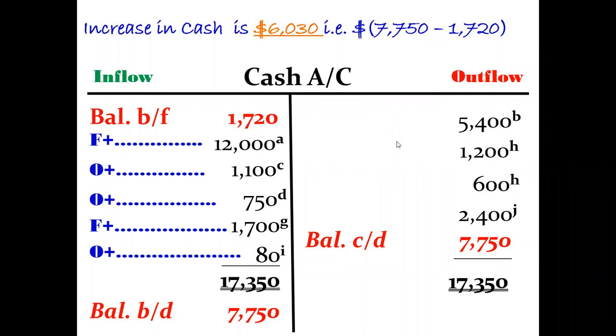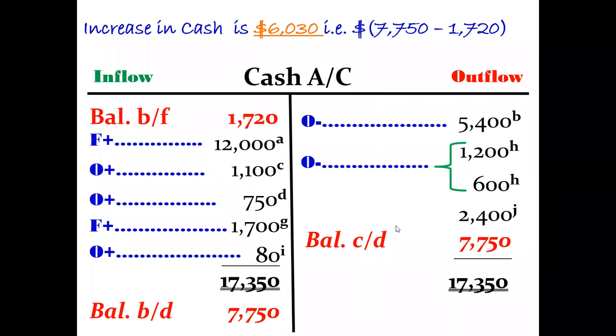And what about that 2,400? That is what the owner took out, and it's related to the owner. Yes, indeed. It has to be financing. Beautiful, my darlings.